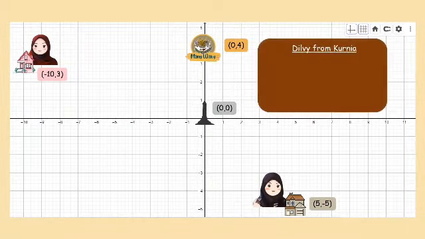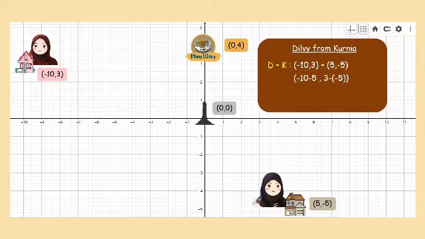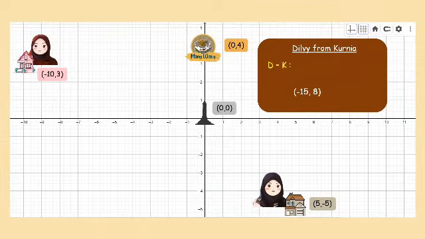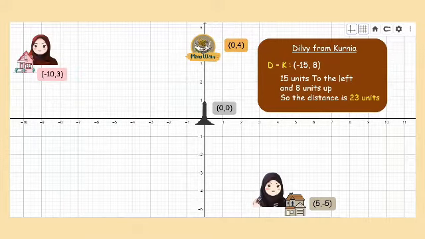To calculate the distance from Kurnia to Dilvi, we use d minus k. Finally, we obtain (-15,8), and it means that Kurnia goes 15 units to the left and 8 units up, and the total distance is 23 units.